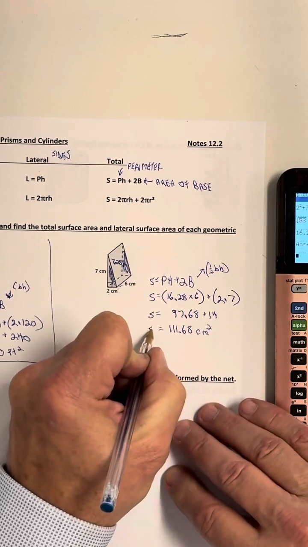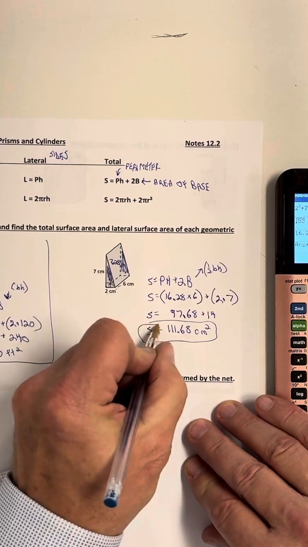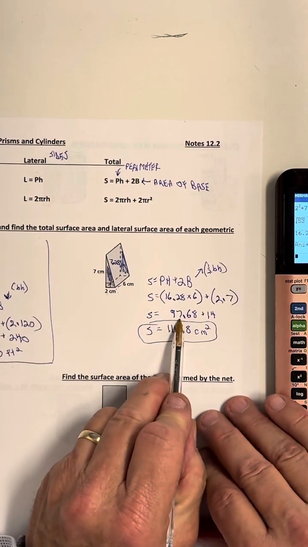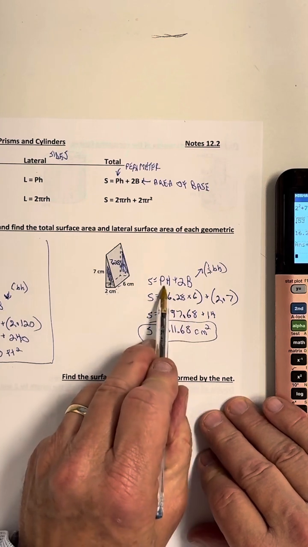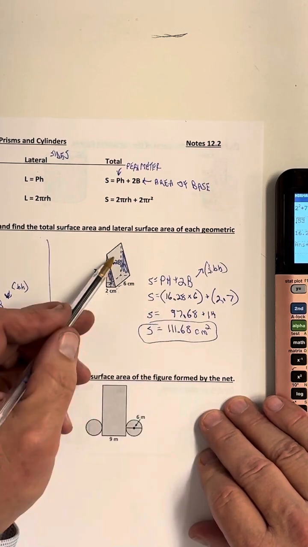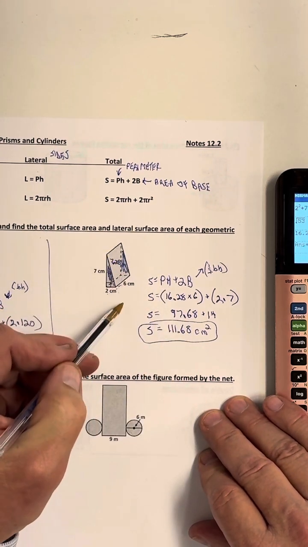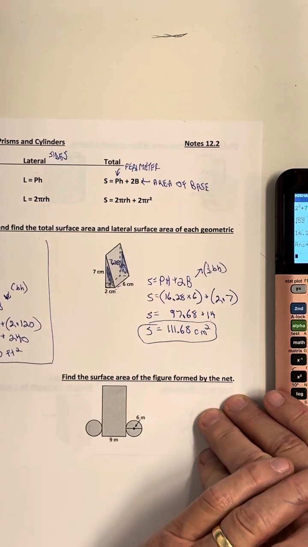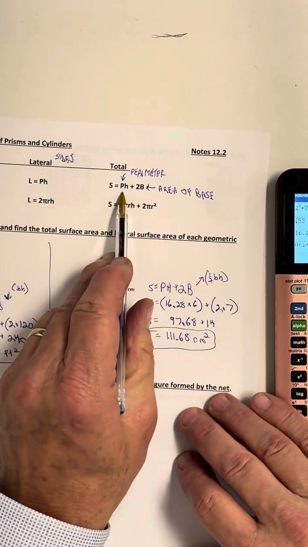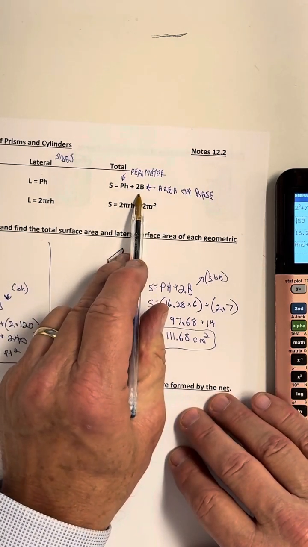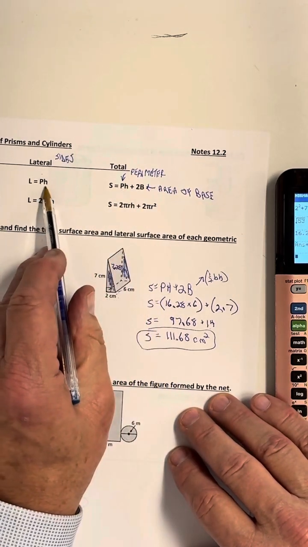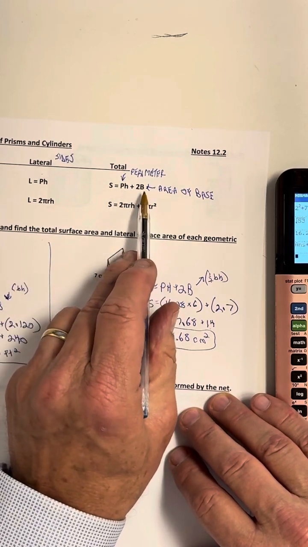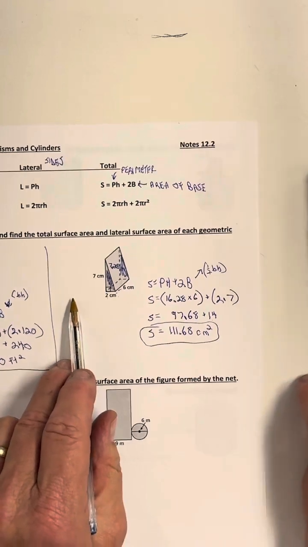That's the total surface area of all 5 sides of this figure. 97.68 comes from the PH, which is the lateral surface. That would be the 3 rectangular sides. 14 would be the area of the 2 triangular bases. So remember, when you work out this big formula, you're actually getting the lateral area, which is the PH, and the total surface area, which is the lateral plus the 2 bases. So these 2 problems use that formula.